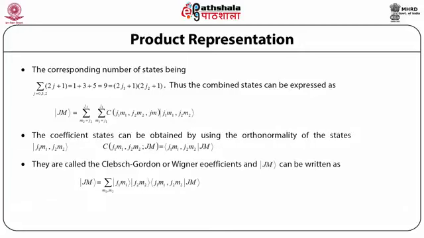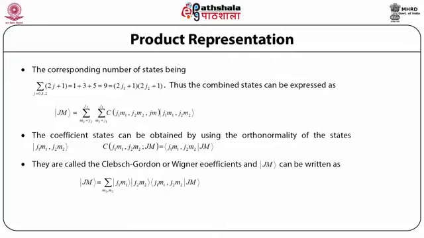Now these coefficients can be obtained by using the orthonormality of the states |j1, m1> and |j2, m2>. The coefficient C is incidentally called the Clebsch-Gordan or the Wigner coefficient.